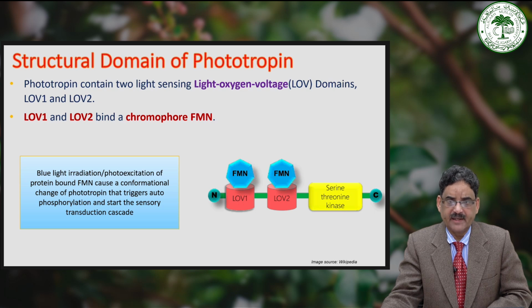Blue light irradiation causes photoexcitation of protein-bound FMN, causing a conformational change of phototropins that triggers autophosphorylation and starts the sensory transduction cascade.